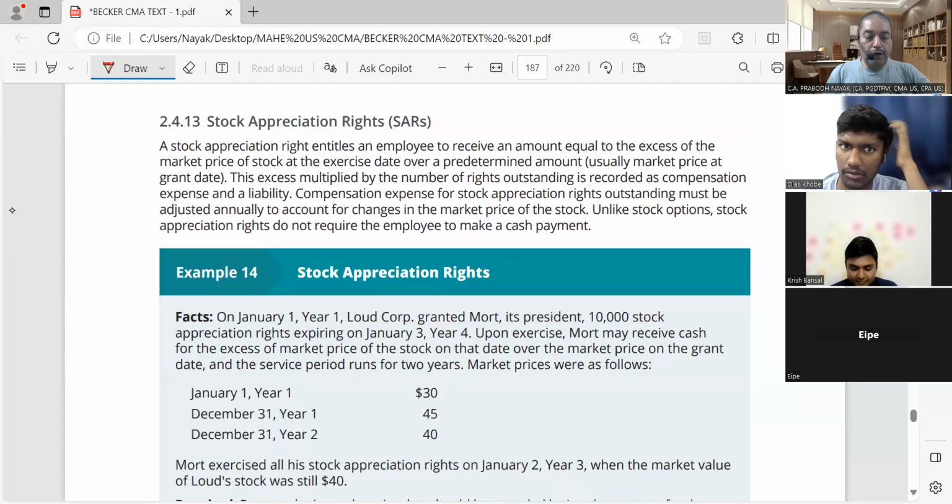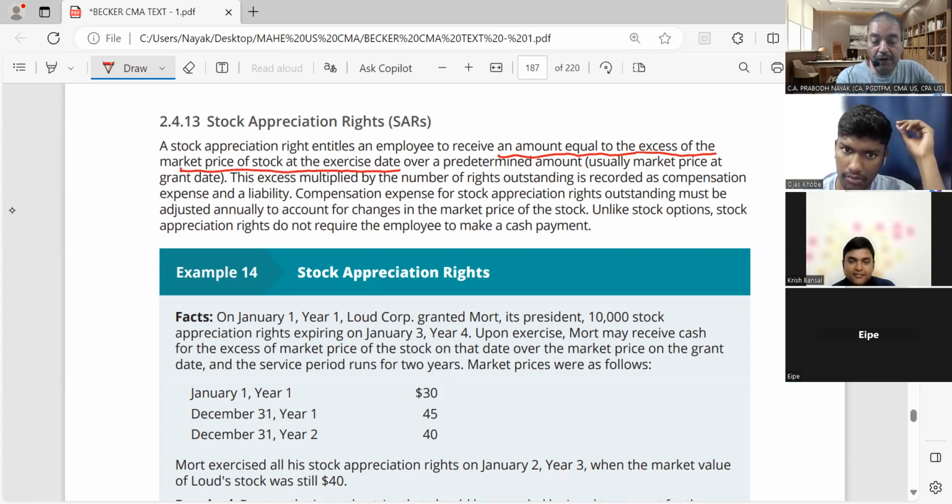So a stock appreciation right entitles an employee to receive an amount, not shares, equal to the excess of the market price of the stock on the exercise date over a predetermined amount, usually the market price at grant date.